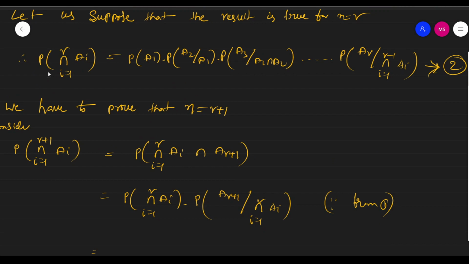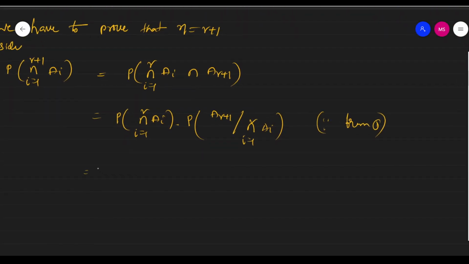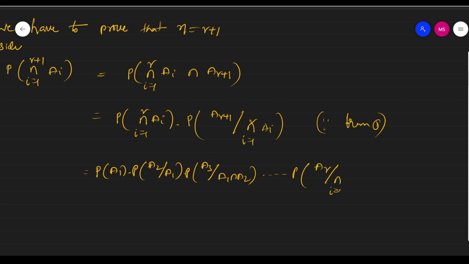Observe that P of the intersection of Ai, i from 1 to r, is equal to the entire expansion: P of A1 into P of A2 given A1 into P of A3 given A1 intersection A2, and so on, P of Ar given the intersection of Ai, i running from 1 to r minus 1.